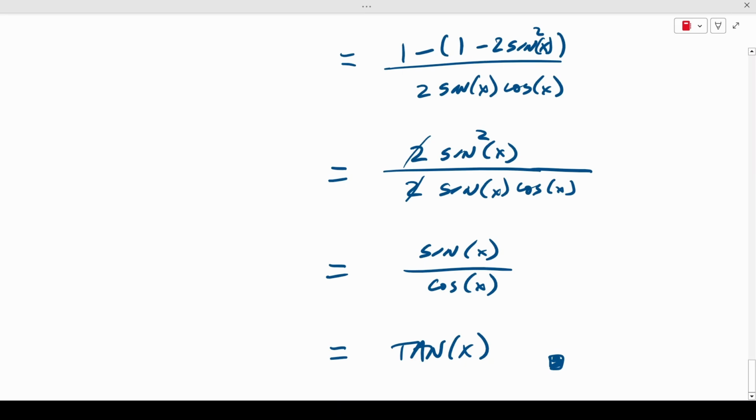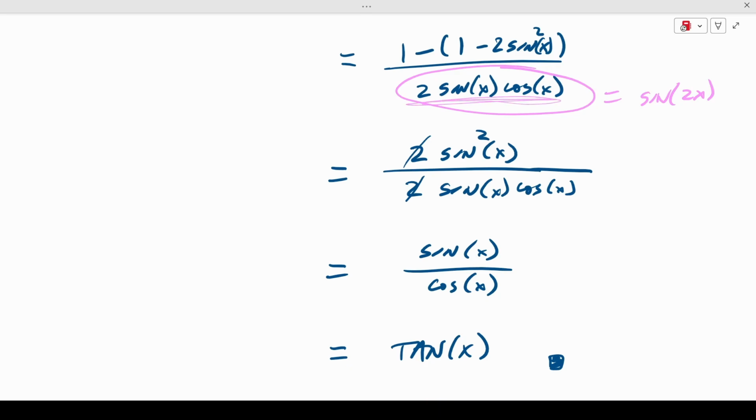Also, if you memorize the identities, it will make them stand out to you more easily when you see them, right? Like if my question started with this, then in that case, it would never be clear to me that this is the same thing as sine of 2x. And if I needed that in my identity, I'd be pretty much stuck. I'd be racking my brain, how can I deal with this thing?